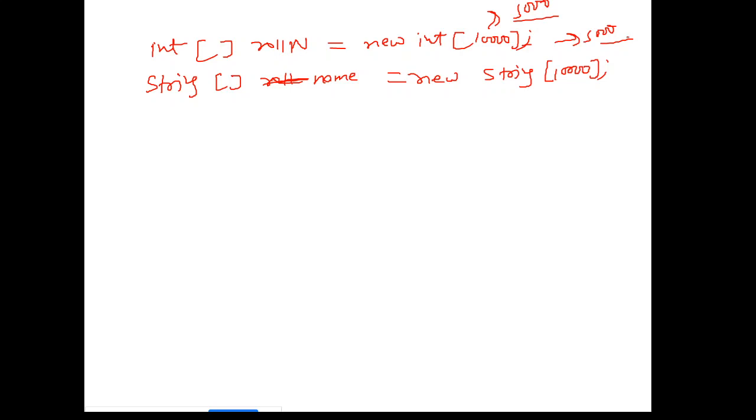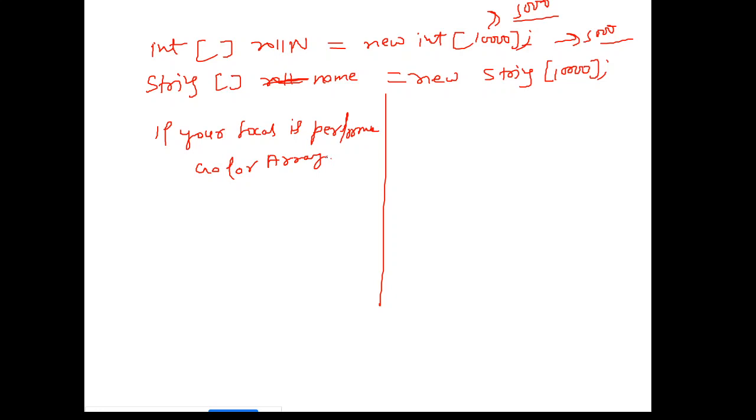So when to use array and when to use array list depends on that. If your focus is performance, right? If your focus is performance, then go for array, because array performance is better than array list.